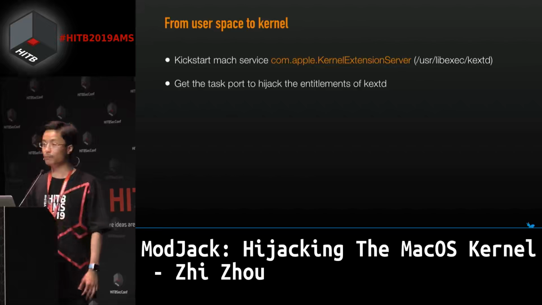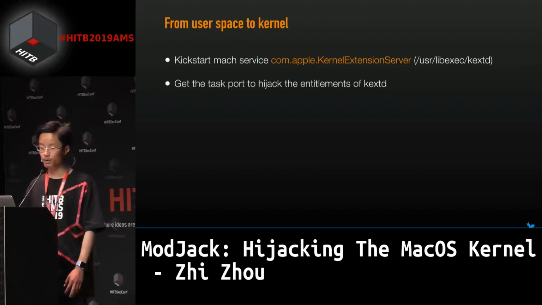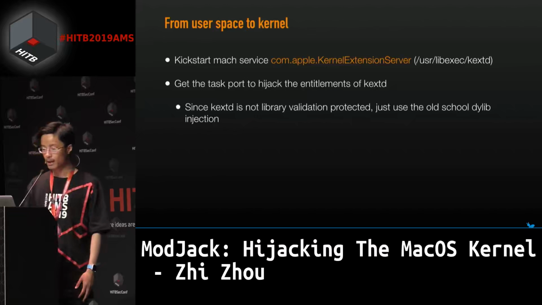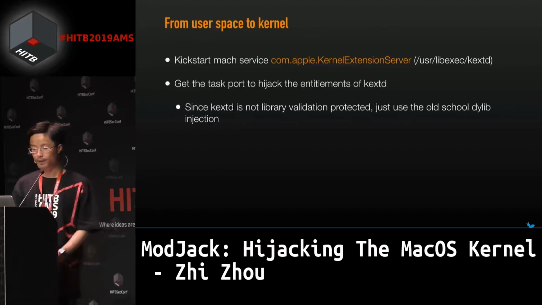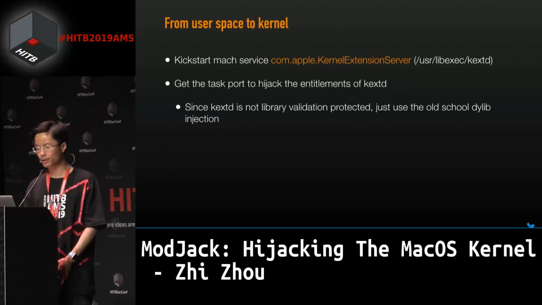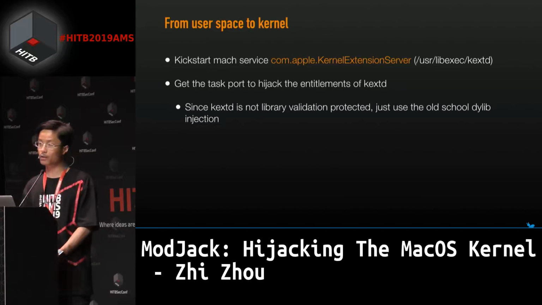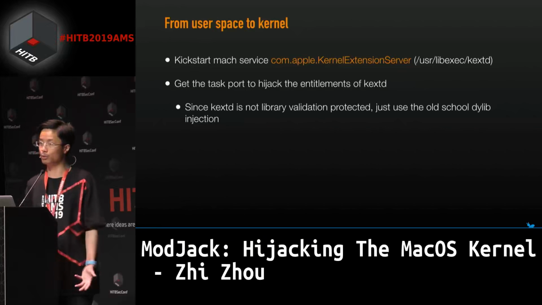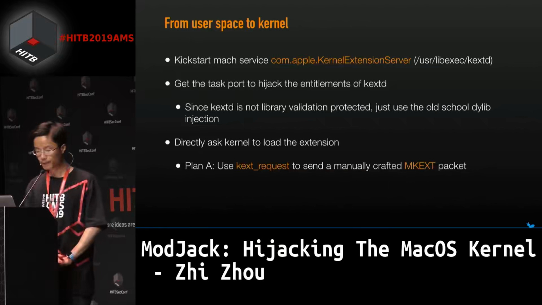We can use the same approach to get a task port and to control kextd. Since kextd has no library validation, we can just use some old-school dylib injection to control the process. Then we can directly ask the kernel to load our kext.